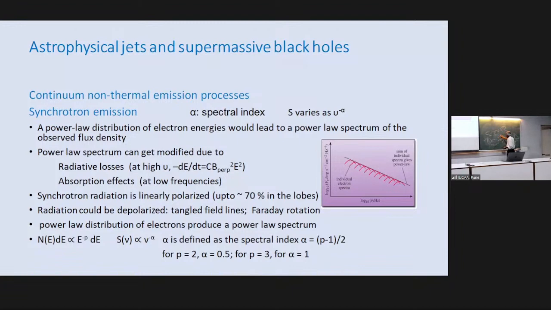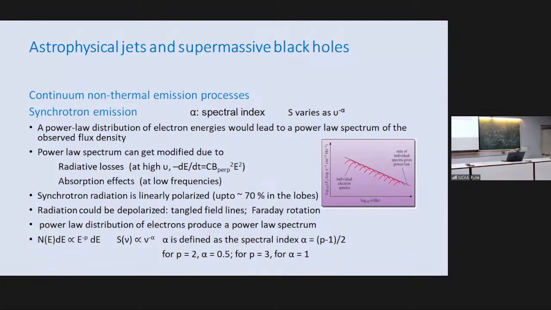The core spectrum is usually more complex because of the absorption of the emission at different frequencies by processes which we will not delve into in detail, but thermal absorption by the dense gas in the central region, as well as the synchrotron emission itself getting absorbed in compact knots of emission in the jets.